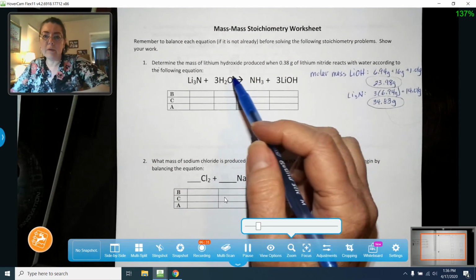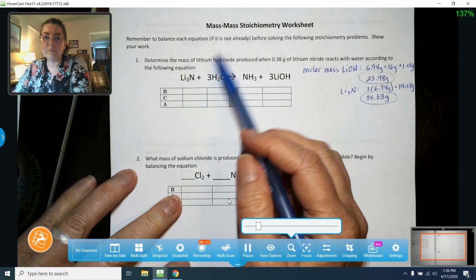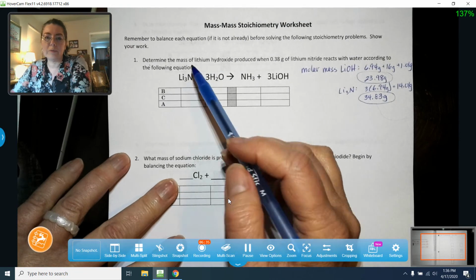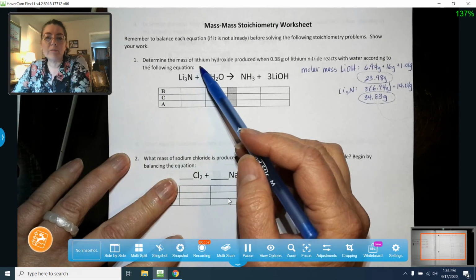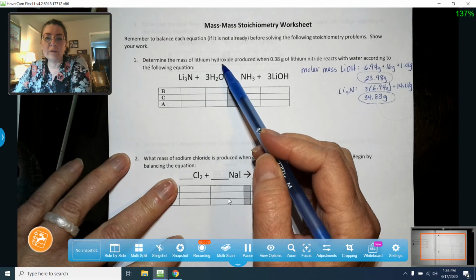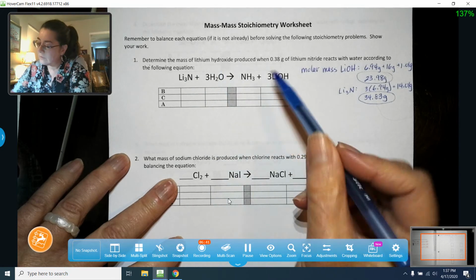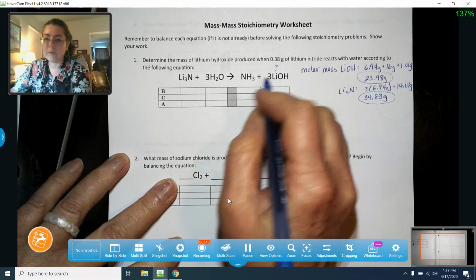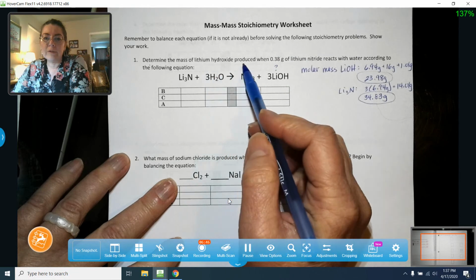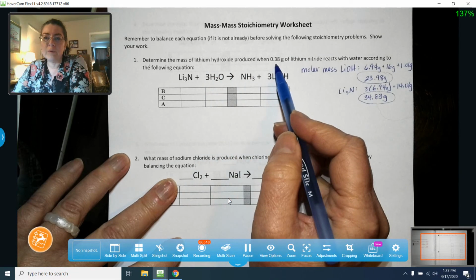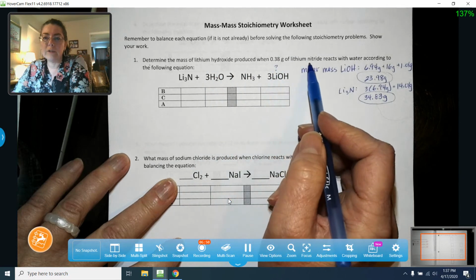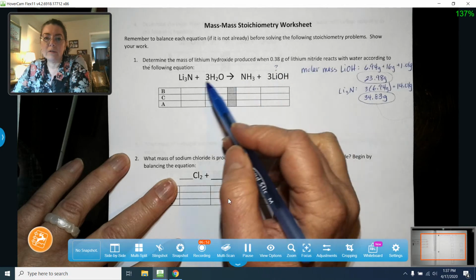Okay, so we have a typical mass-to-mass stoichiometry problem. Determine the mass of lithium hydroxide. That's this one. Determine the mass of lithium hydroxide produced when 0.38 grams of lithium nitride reacts with water according to the following equation.